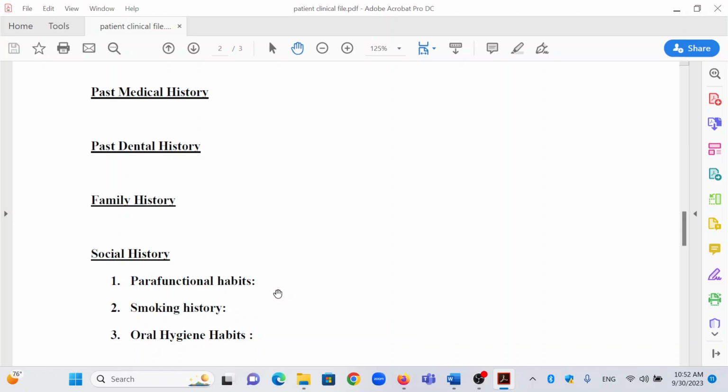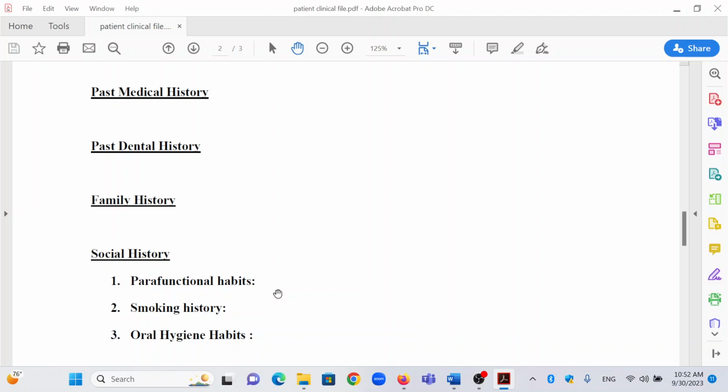In the tobacco use part, it's very important that you specify which type of tobacco the patient uses. So if it is cigarettes, we will write down the patient smokes cigarettes, for example, one packet a day for the past 5 years.